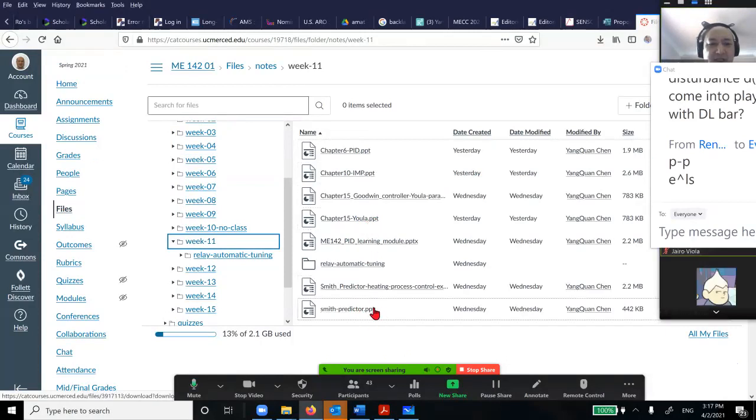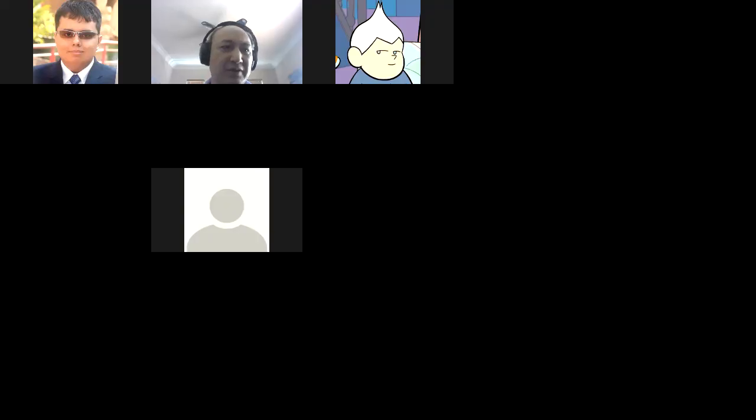And Smith predictor, read this one and this one, okay? So that in the future, when you work with a plant with lots of delays, no worry. You have a secret weapon called Smith predictor control. It will not mess up your stability. So 3 things we learned: IMP, Youla parameterization, and Smith predictor. So I'm going to stop.